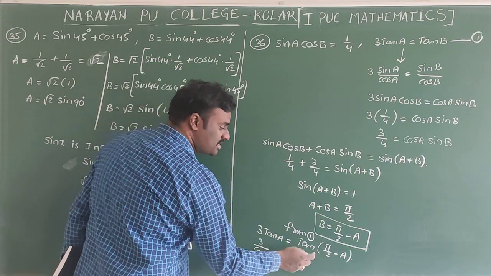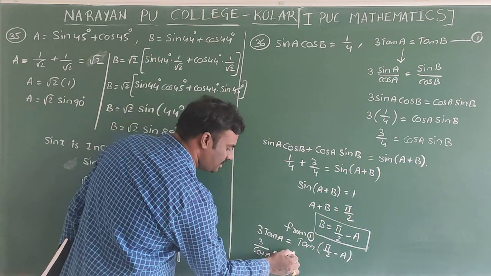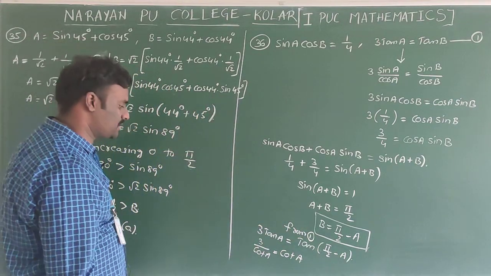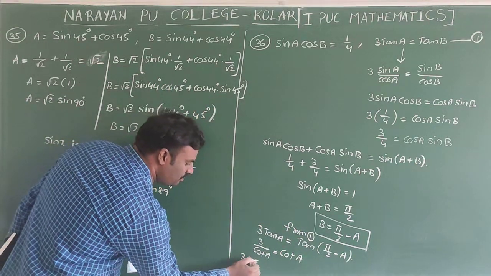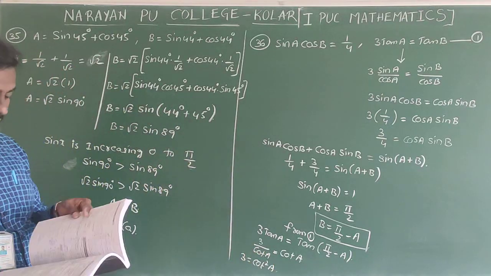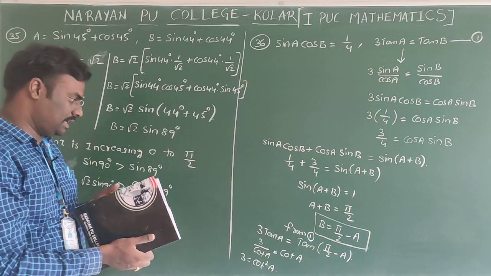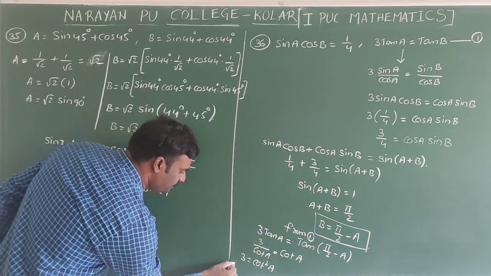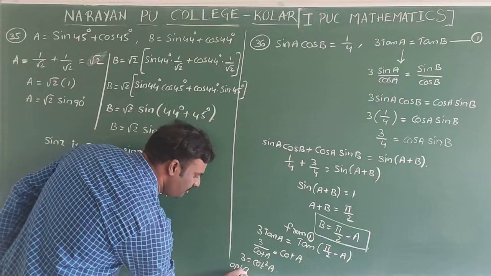For 90 function will change, tan is changed to cot. If you cross multiply, cot into cot, cot square you will get. Now 3 is equal to cot square A is the answer for question number 36. That is nothing but option B is the correct answer.